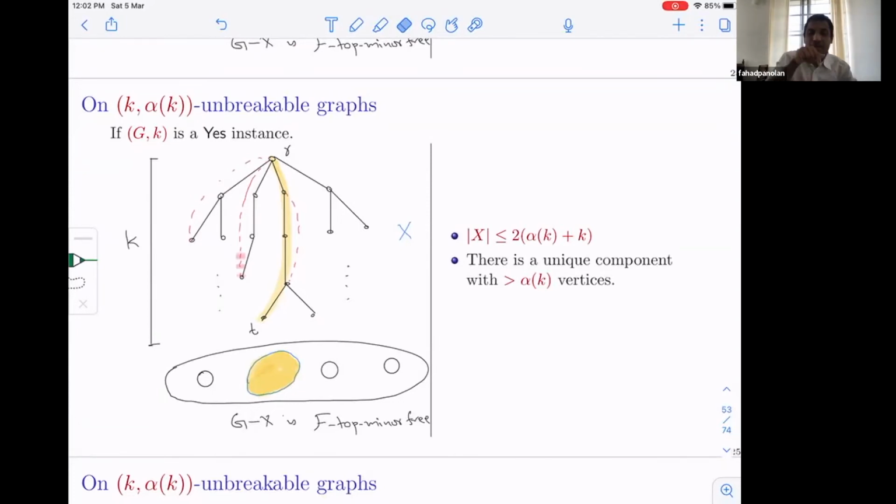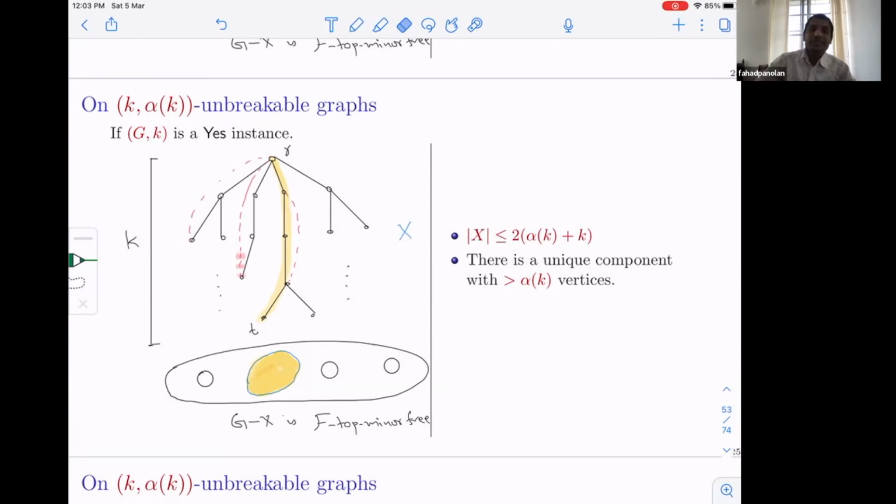I assume that the graph contains lots of vertices and X is of bounded size. If all the connected components in G minus X have small size, less than alpha K, then somewhere one of the leaf to root paths will be a separator, contradicting the fact that my input graph is K alpha K unbreakable, because many of these connected components I can push to the left and many of them to the right by taking an appropriate leaf to root path as a separator.